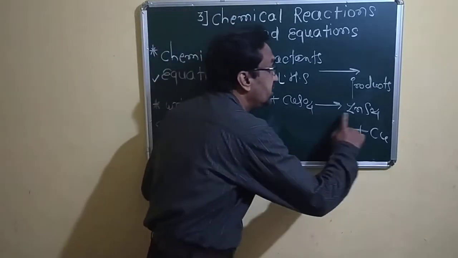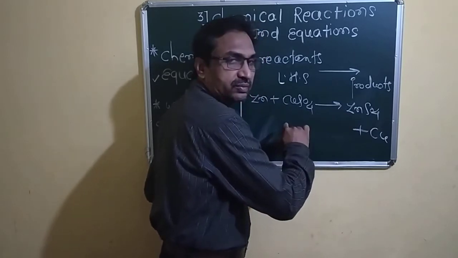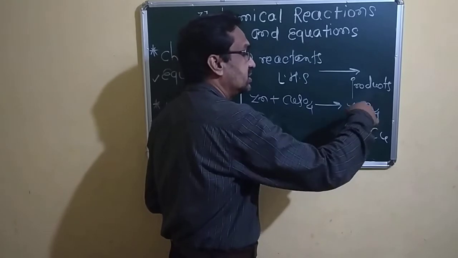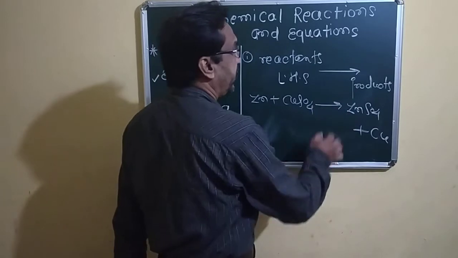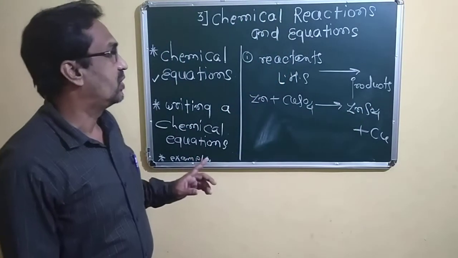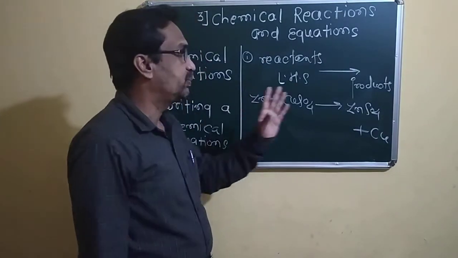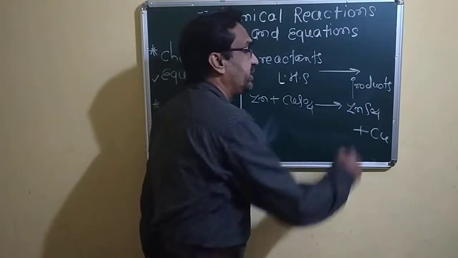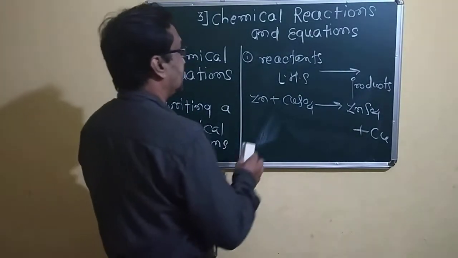It indicates that the reaction goes in this way, not in that way. The products, zinc sulfate plus copper, are written on the right hand side of the arrow. So in the first rule, reactants are always written on the left hand side, products on the right hand side, and the arrow points towards the products. This is the first one.